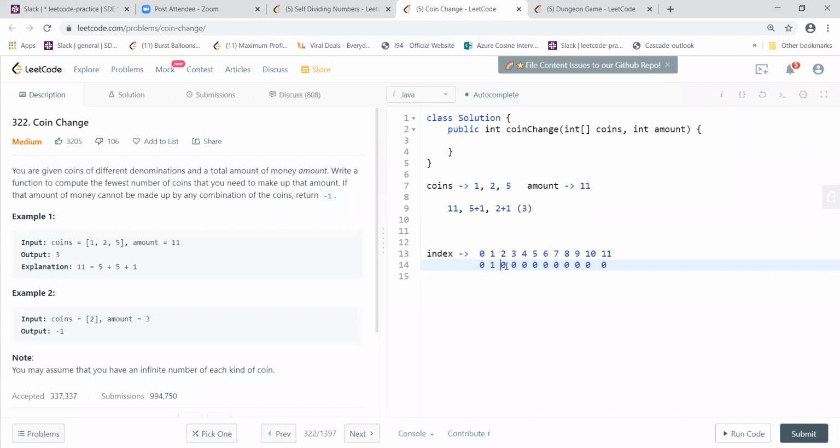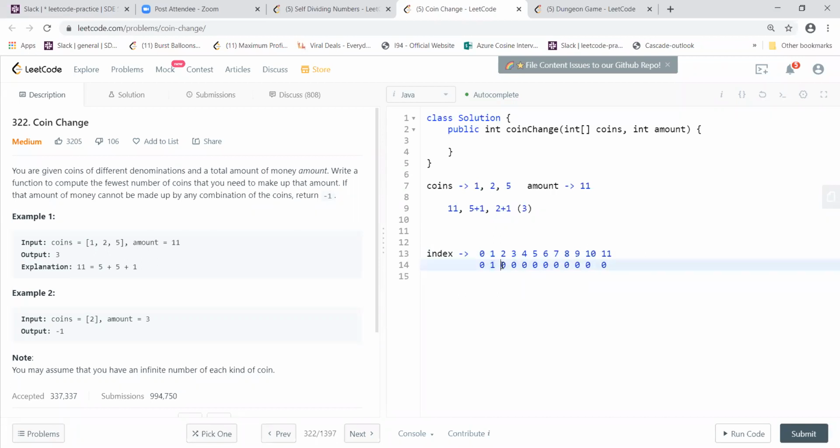So then I come to the 2. In this case, this index 2 is greater than the coin's denomination 1. So I can add 1, but before adding 1, I need to find the previous entry. So 2 minus the coin's denomination is 1, so I'm just coming to the previous one here, 1.